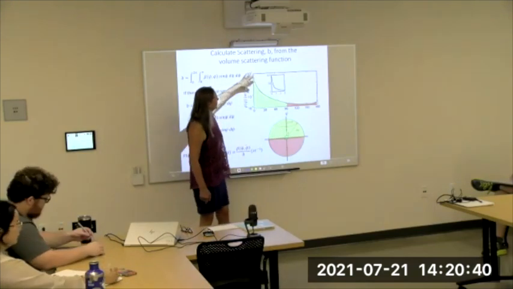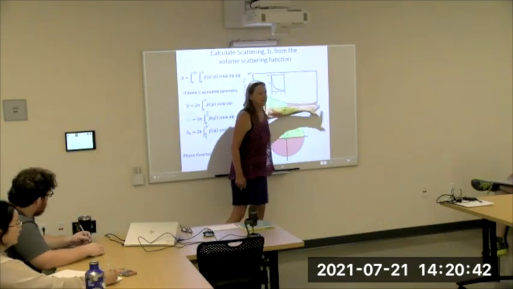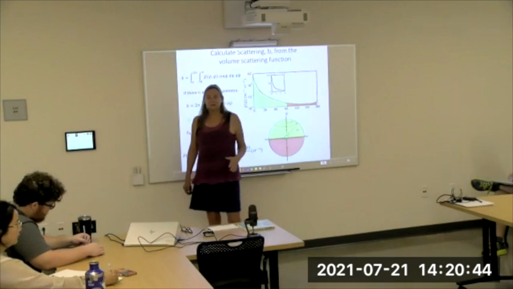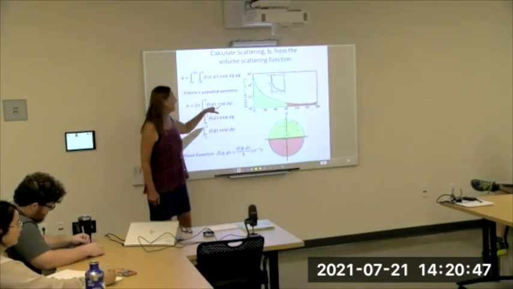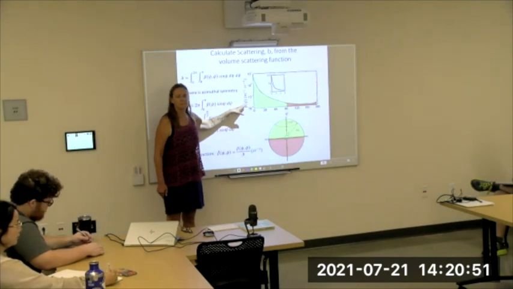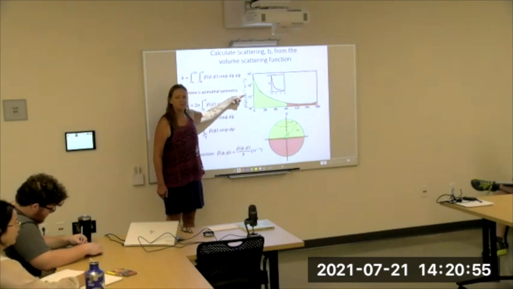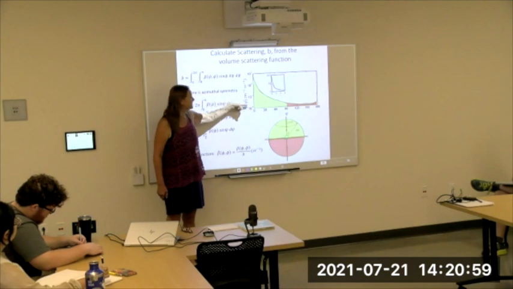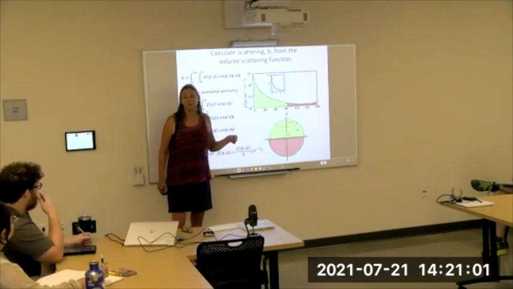But if you take the shape of the curve and divide by the entire area, what units would you have? You take out the per meter, because you're dividing by b, so we just have units of steradian.